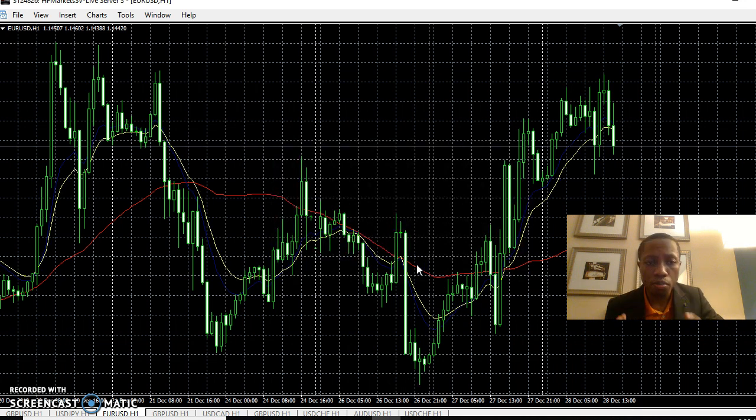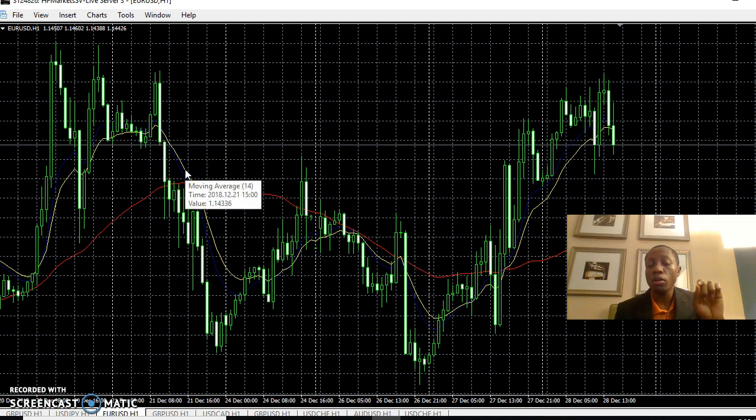Now your concern basically is the movement of the 14 exponential moving average and the 10 exponential moving average, either crossing the 50 moving average. The red is the 50 moving average.